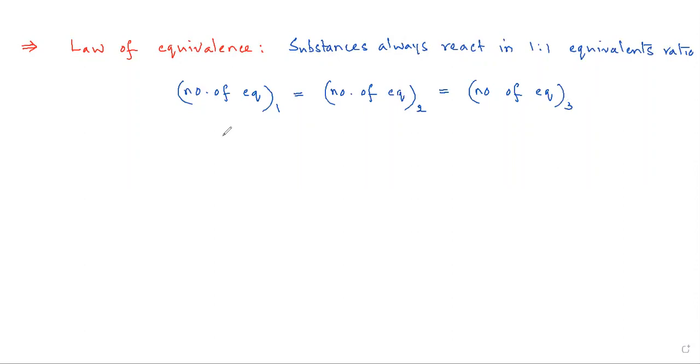Now let me give you 3 different relations for calculating the number of equivalents. See, the number of equivalents can simply be given as weight by gram equivalent weight. Next, we can also give the same as normality into volume in liters.